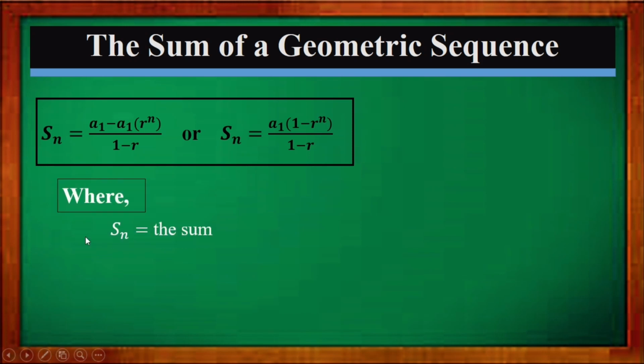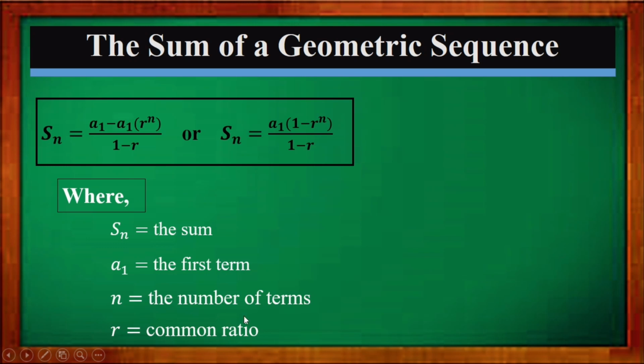Wherein S sub n stands as the sum, a sub 1 as the first term, n as the number of terms, and r as the common ratio. So another formula that we can use in getting the sum of a geometric sequence is given by this.